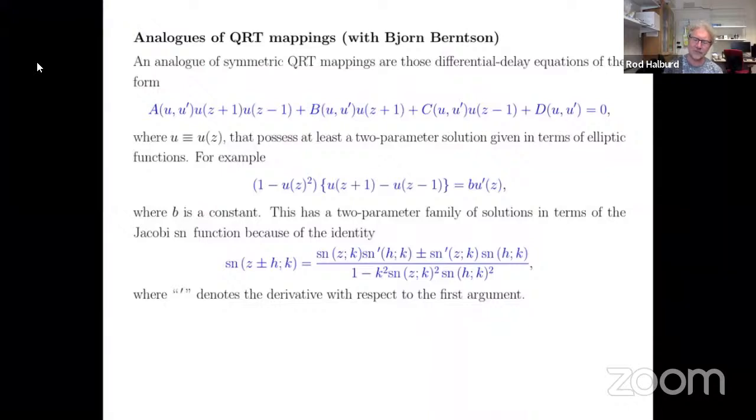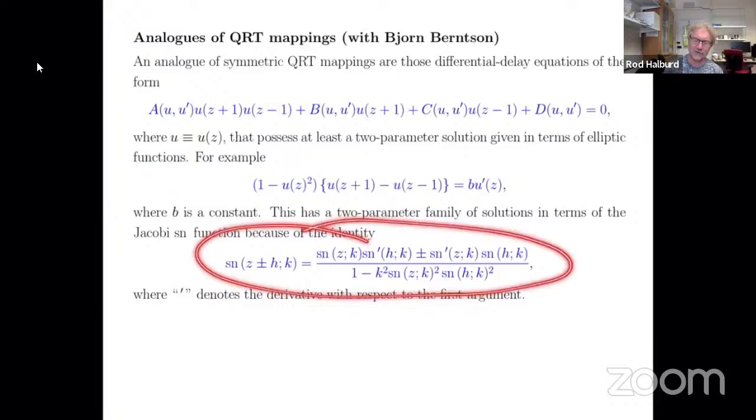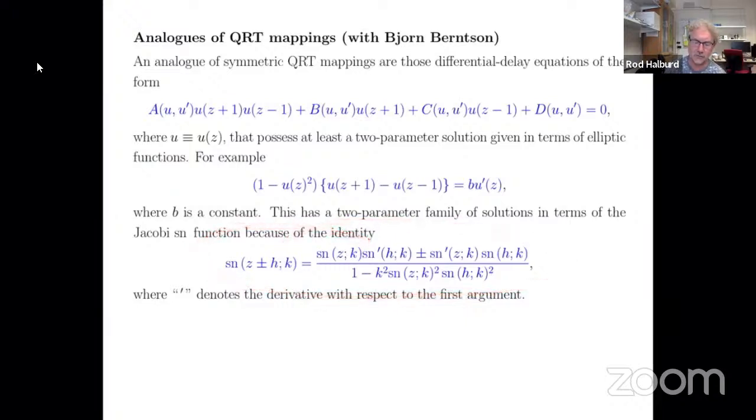So examples of such a thing are easily constructed using the addition laws for the elliptic curves. Okay, so again, this equation is basically the addition law for the Sn function, or at least taking the difference of two such quantities in here.